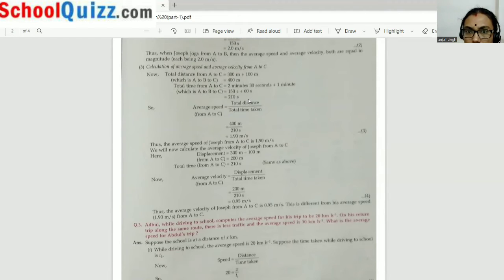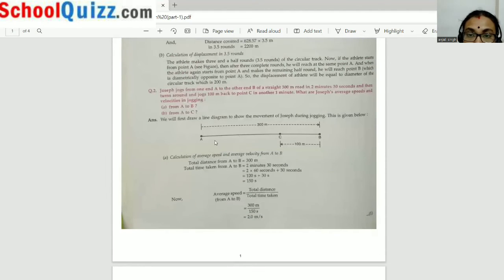We have to add more, because he moves from B to C also. So the average speed will be 1.90 meters per second. Now, what about the displacement? Displacement means to subtract, because displacement from A to B will be 300, and again back.